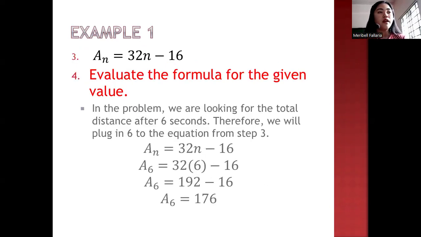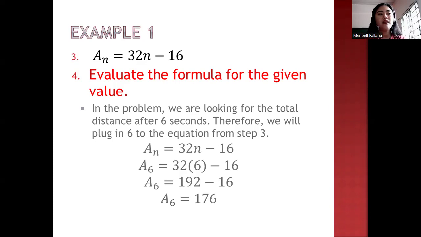Step 4, evaluate the formula for the given value. In the problem, we are looking for the total distance after 6 seconds. The 6 will be the value of n.